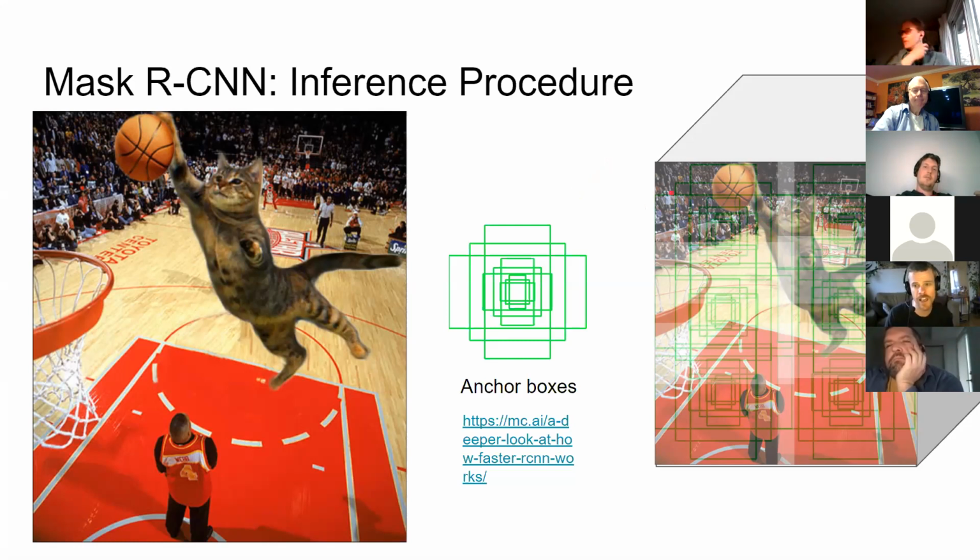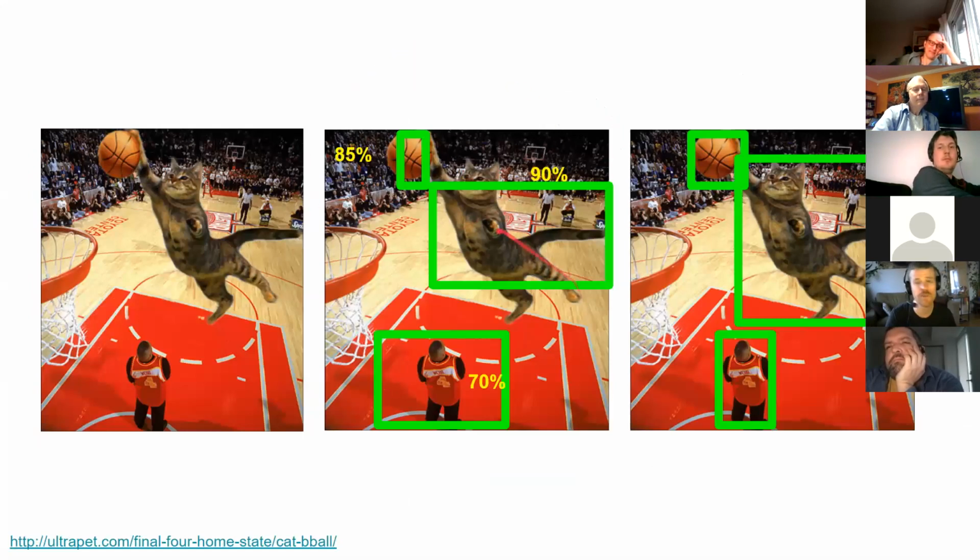From that, we get a whole bunch of boxes that we can cull down to the boxes we're interested in. We probably throw in a threshold and say, I don't want to see anything that's less than 50% chance of having an object. Or, more commonly, give me the 1,000 best bounding boxes. We end up with a set of proposals. That's the term you would use here. So maybe we have a box on the basketball that's an 85% chance of being an object, a 90% chance there's an object here, maybe 70 down here.